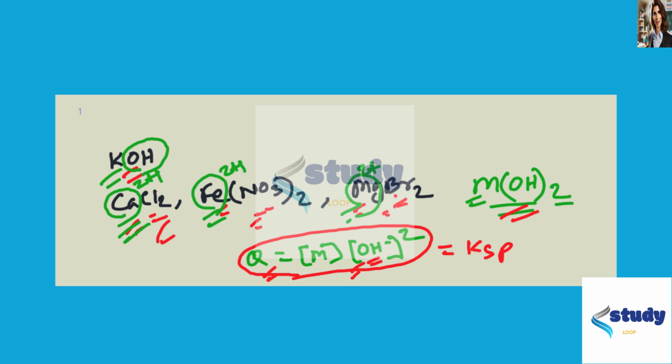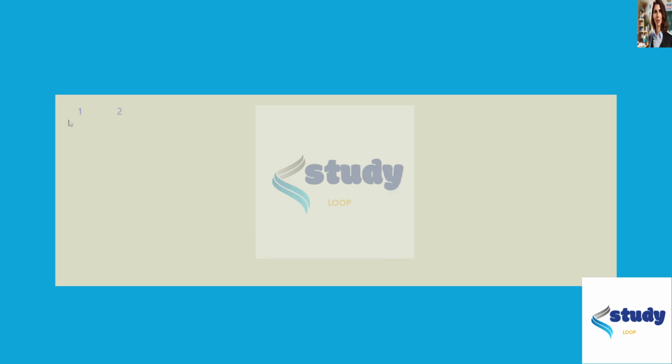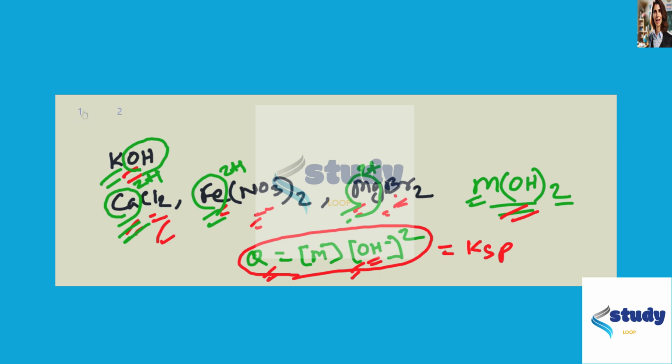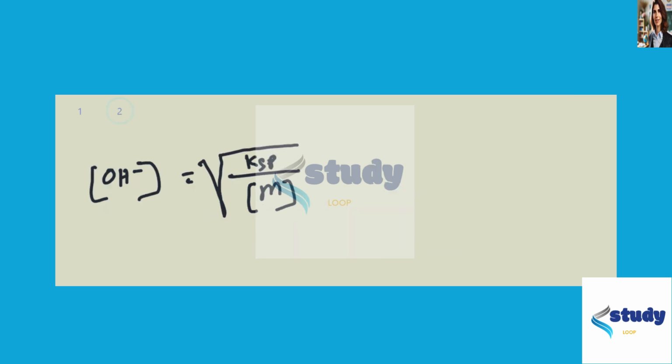If we rearrange this equation, OH minus equals the square root of KSP over the metal ion concentration, and we put a square root for this square here. This is the equation with which we can easily find out the required KOH concentration we need to form precipitate in each case.